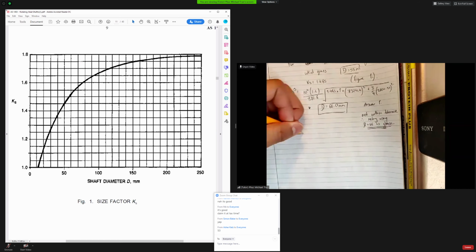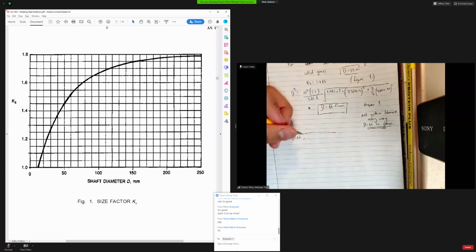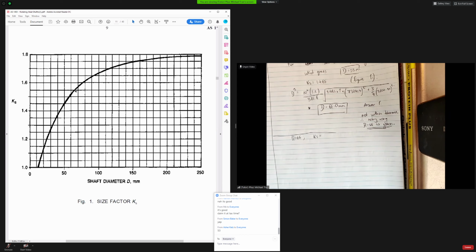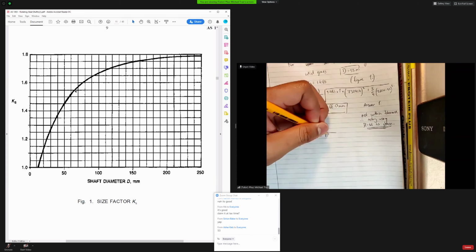So D equals 66, therefore, or DI, therefore KS, your size factor, 66, that, 1.54, 1.55. Yeah, I'll go with that. 1.55.